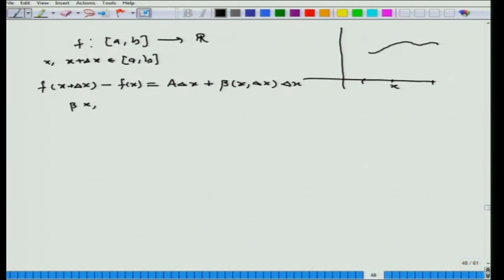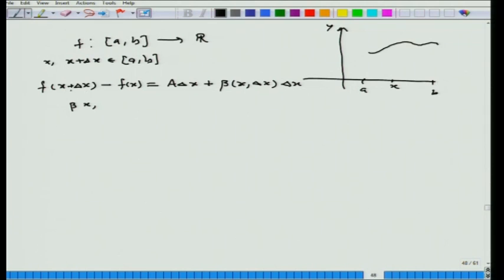So, here we consider a function f from a comma b to R, and this is the situation here, this is a b and x is any interior point here, and x plus delta x is also in that interval. So, delta x is the increment in x.